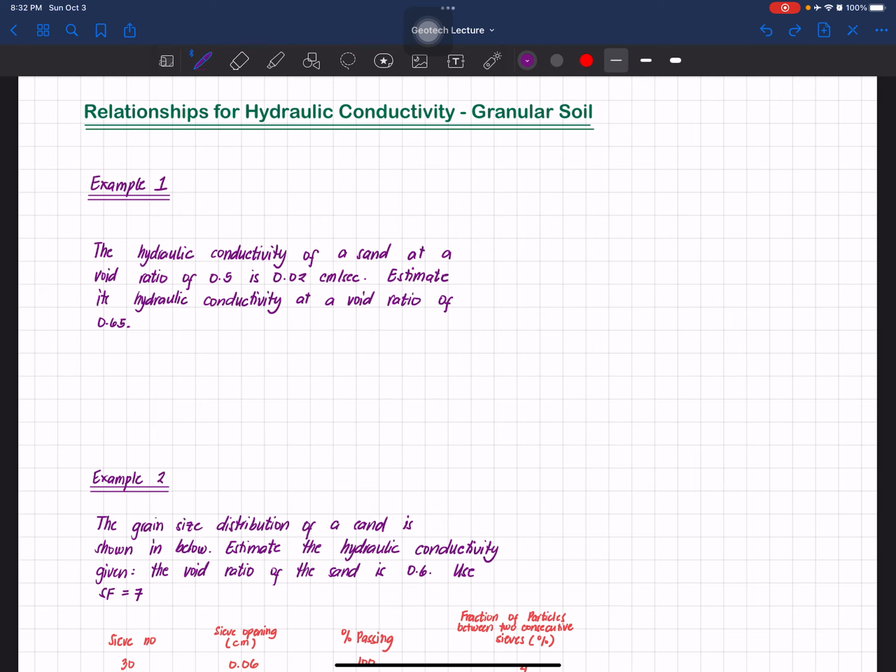The hydraulic conductivity of a sand at a void ratio of 0.5 is 0.02 centimeters per second. Estimate its hydraulic conductivity at a void ratio of 0.65. If the void ratio is given, what formula will we use? Based on the formulas that we had, if we have the void ratio, we can use this formula.